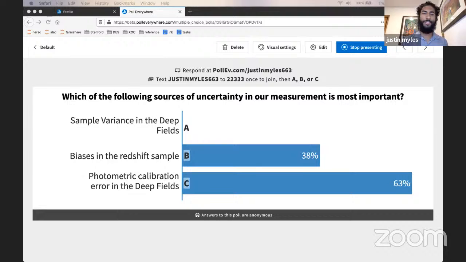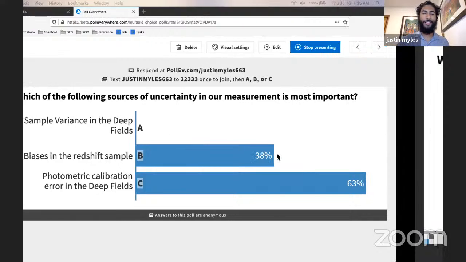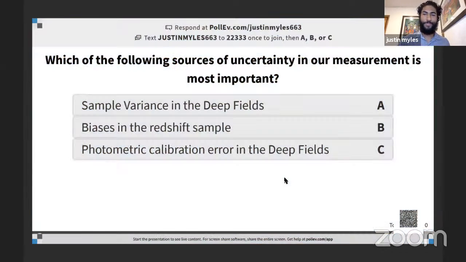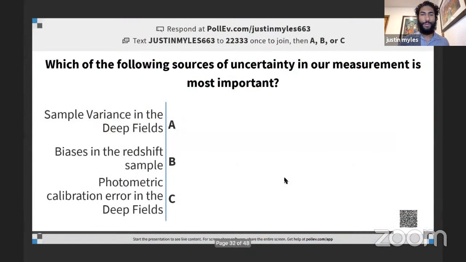We're going to talk about each of these, and in some sense, there's no clear answer because they are of different importance in different regimes. Some of these are more important at low redshift, and some of them are more important at high redshift. We'll get into seeing that at play. Interesting that no one said that sample variance in the deep fields was important. We'll talk more about this. Thanks for participating.